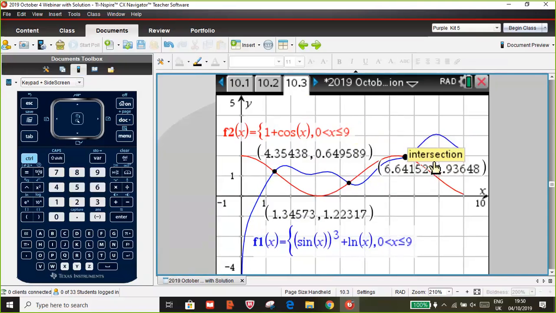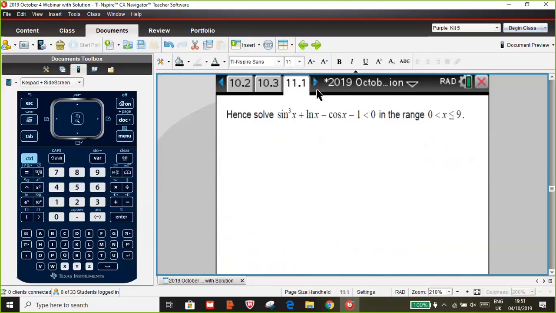Okay, that's not the answer yet because we want the sine cube x plus ln x, which is the blue graph, to be on top, greater than the 1 plus cosine x. Because the second half of the question says this. Hence solve this, you see. So if you bring this cosine x and 1 over, it will be sine cube x plus ln x less than cosine x plus 1.